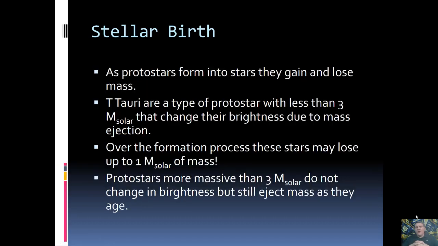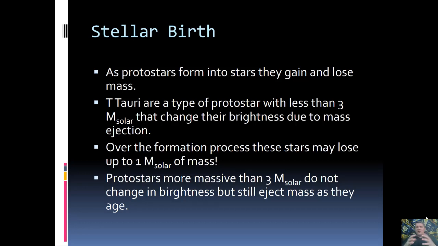Now, as these stars form within the nebula, they're actually very, very chaotic. They can both gain and lose mass during this process. There's one type of protostar called a T Tauri, which is located in the constellation of Taurus, which has less than 3 solar masses, and we actually see it change brightness because of mass loss.